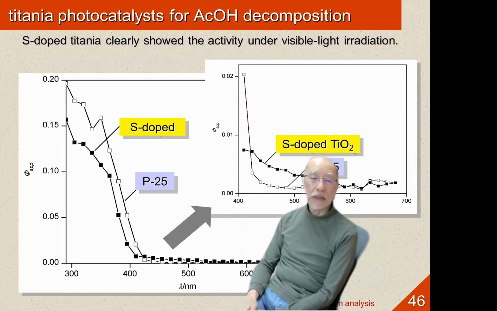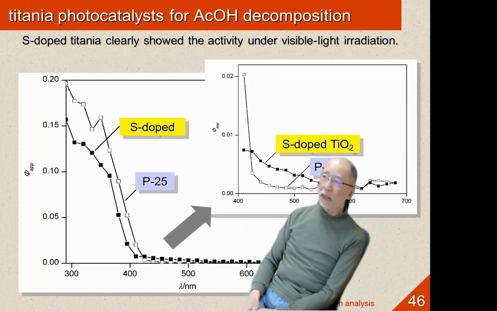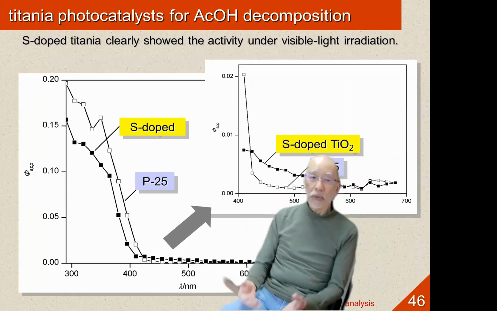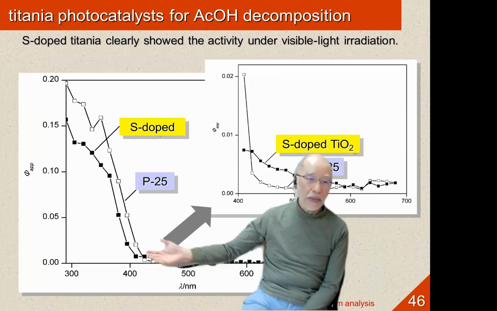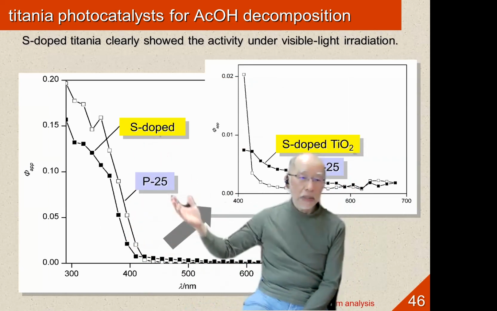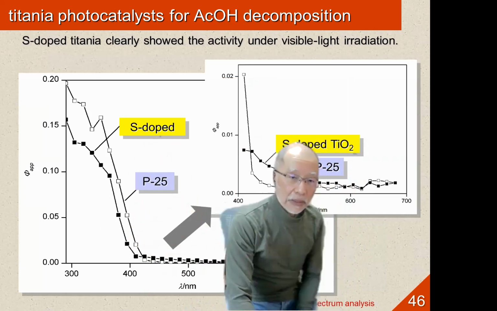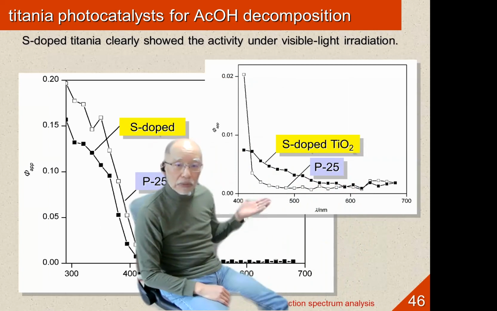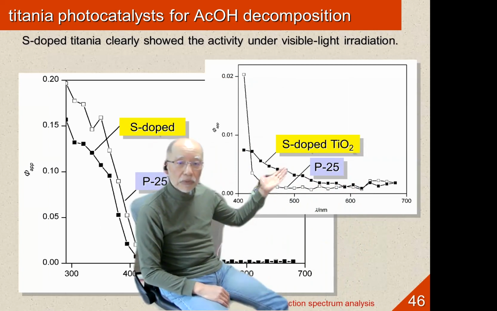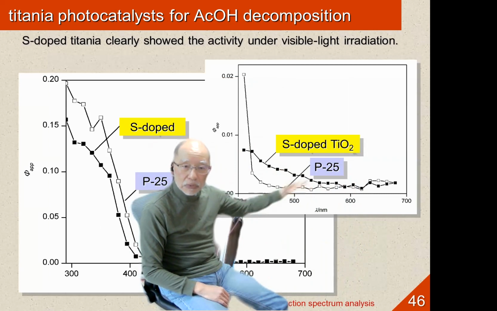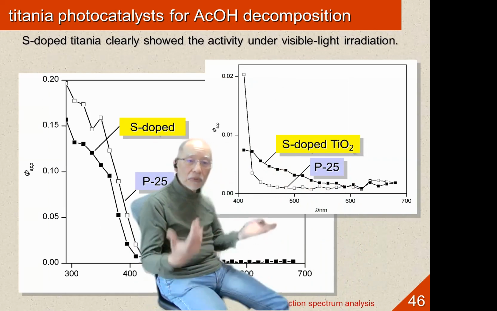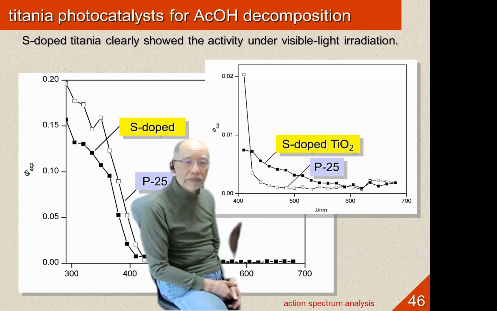So, acetic acid decomposition is also examined. The acetic acid solution has no visible light absorption. So, therefore, no direct reaction happened. And for sulfur-doped titanium and P25, expanded in this region. Actually, sulfur-doped titanium has an action spectrum expanded to 600 nanometers. That is almost the same as the photoabsorption of sulfur-doped titanium.